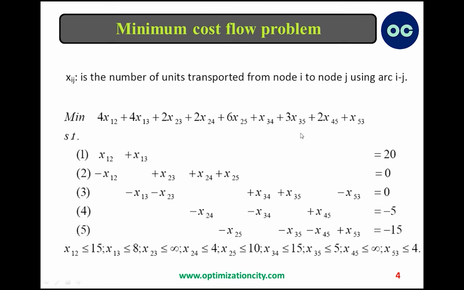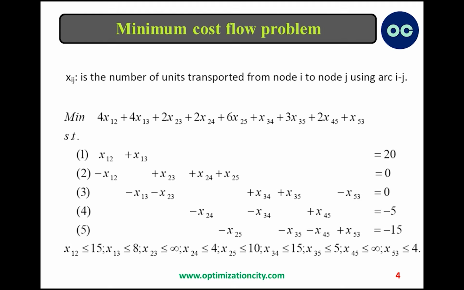To formulate this problem as a linear programming model, let's consider the following notation. Let xij represent the quantity of units transported from node i to j using arc ij. This is the main variable that we use in this problem.